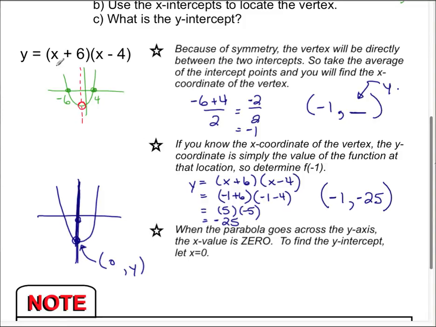So we're going to sub a 0 in for x here. So we're going to say y equals (0 + 6)(0 - 4). That's pretty straightforward, because this is just going to be 6 times -4, which is -24. So the y-intercept, and there's only one of them, is -24.